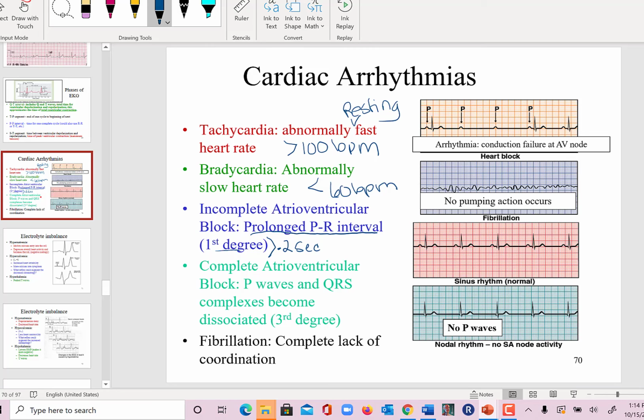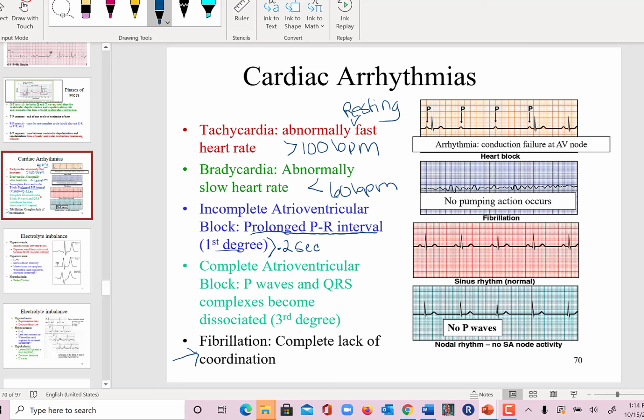It can lead to fibrillation, which means a complete lack of coordination. In fibrillation, the heart is contracting, it's quivering. That's what it looks like if you could actually open a patient's chest. The muscle is contracting, but not in a coordinated fashion, which means you're not getting proper blood going from the atria to the ventricles and out of the heart into the arteries in a coordinated fashion.